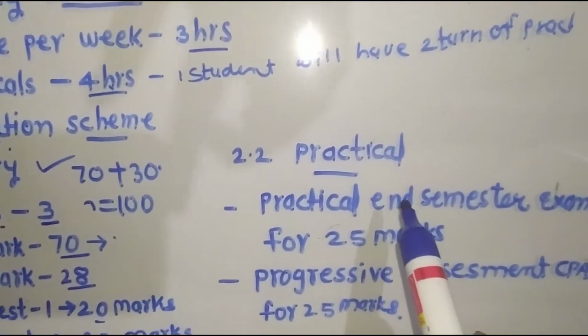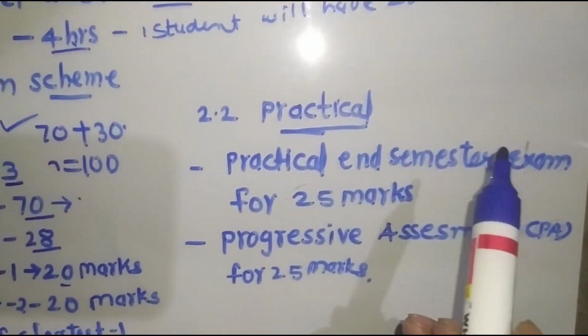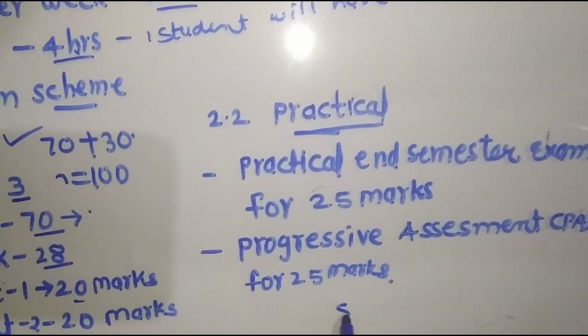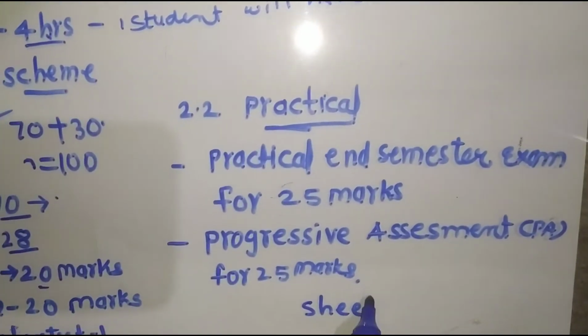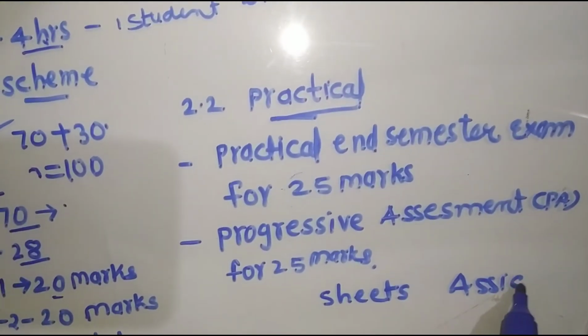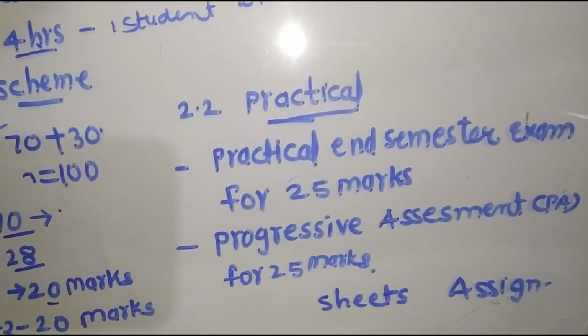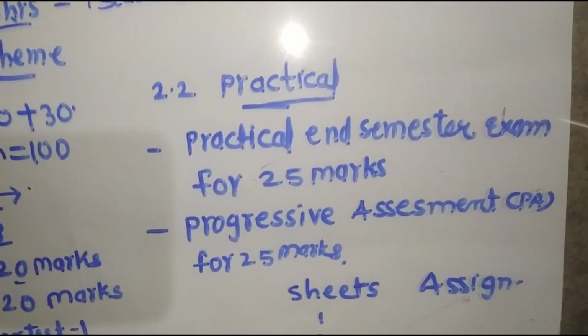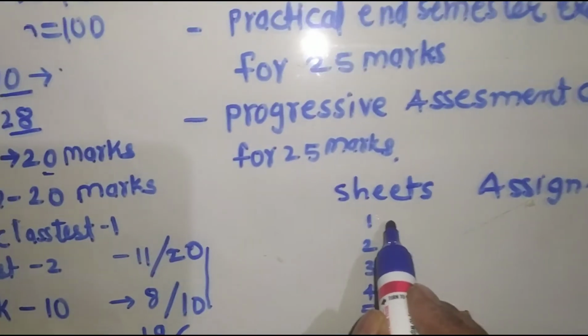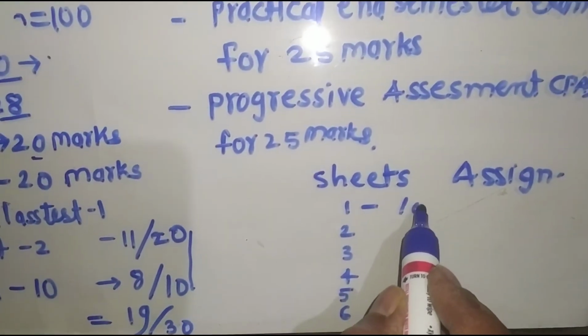Now 2.2 is purely for practical. In my subject, I will allow seat numbers 1, 2, 3, 4, 5, 6, with seats and assignments. Each will be out of 10 marks.